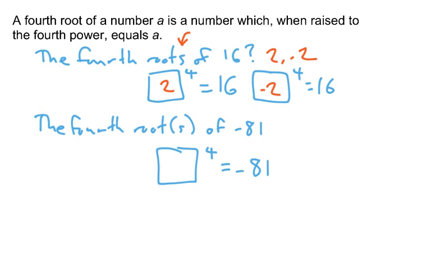But getting a negative 81 is going to be a problem because whatever I raise to the fourth power is going to turn out to be positive. I can put negative 3 in here, but 4 negatives multiplied together would be positive, not negative. So this is telling me that the fourth root of negative 81, and this will sound familiar to square roots, I think, is not a real number.